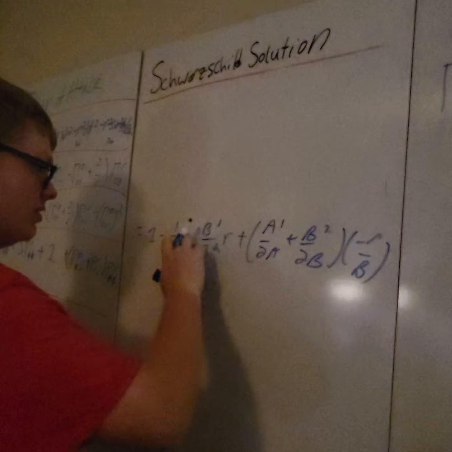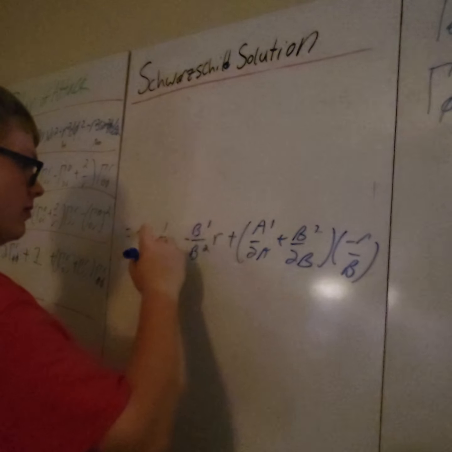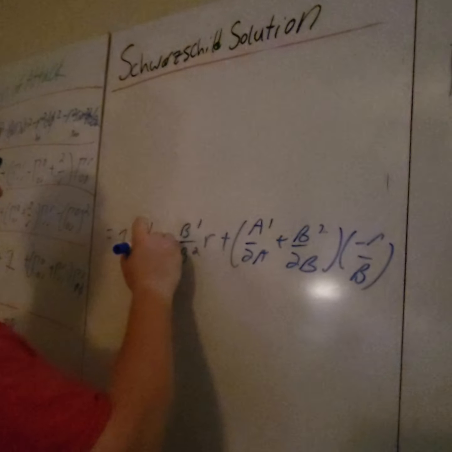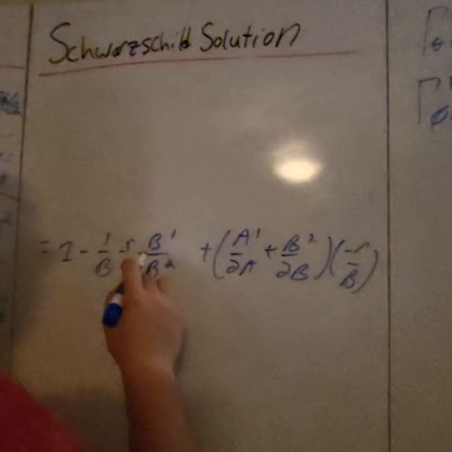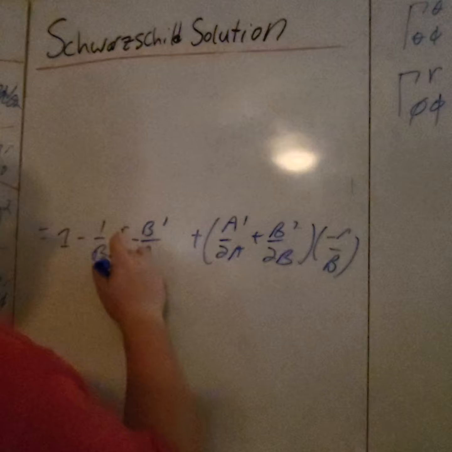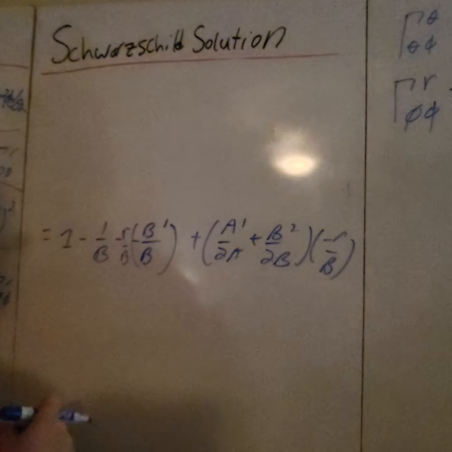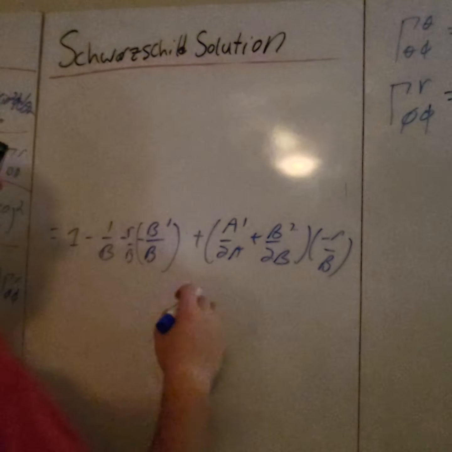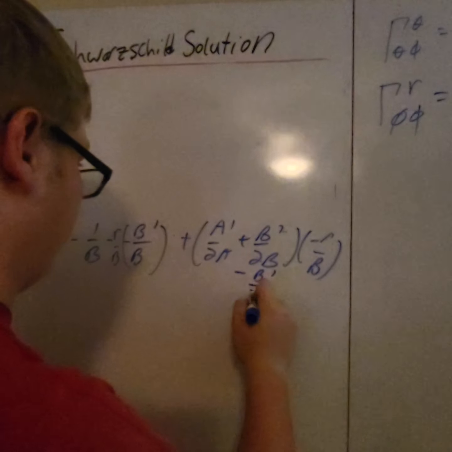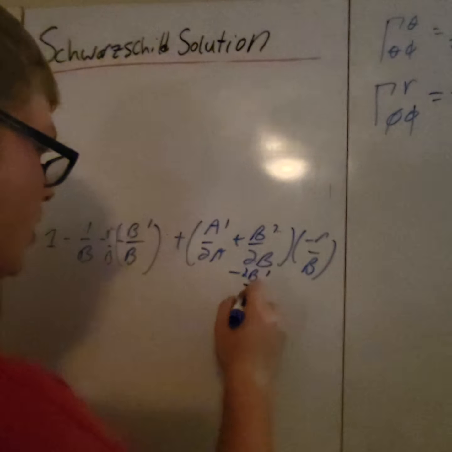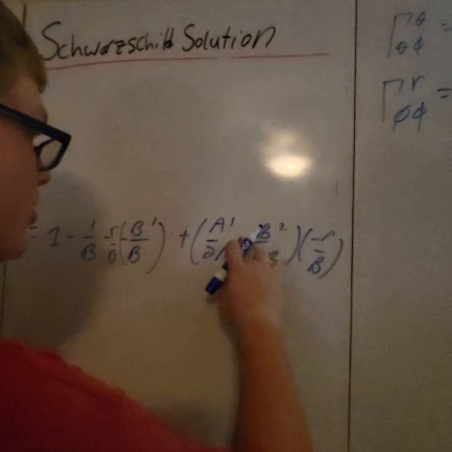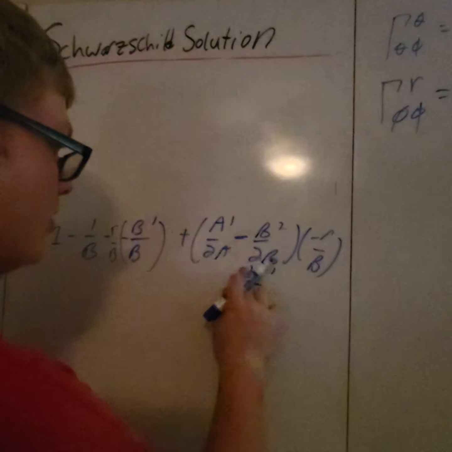I'm going to write this as negative minus negative R. That's actually going to cancel that and make that go to negative.